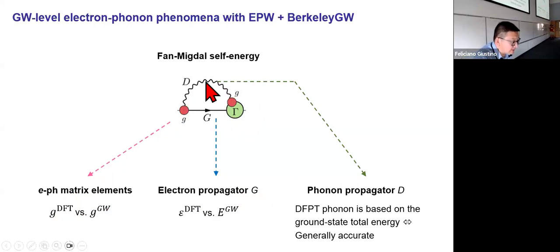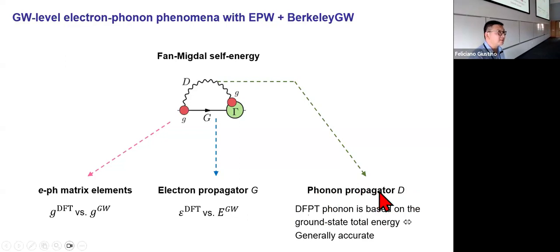Another quantity is D, the phonon propagator. Within the current workflow, the phonon propagators still take the phonon frequencies from DFPT. So you may wonder if we need to correct that or not. But I would like to point out that the phonon frequencies coming from DFPT are based on ground state total energy in the adiabatic limit.